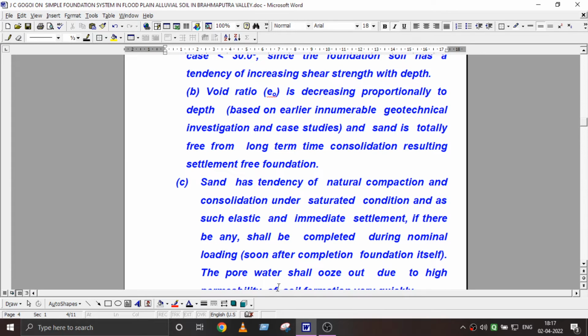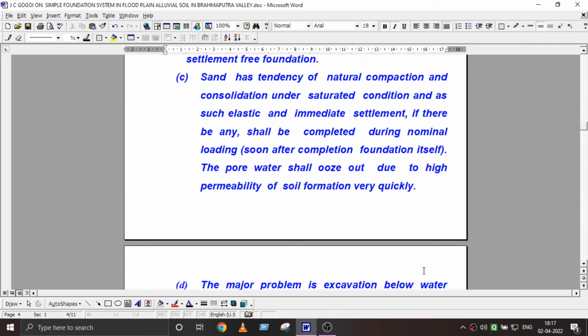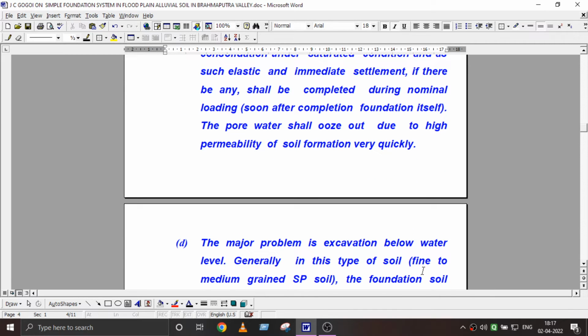The pore water shall ooze out very rapidly due to high permeability of the soil formation.